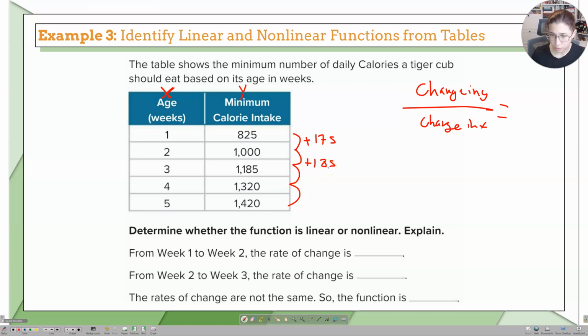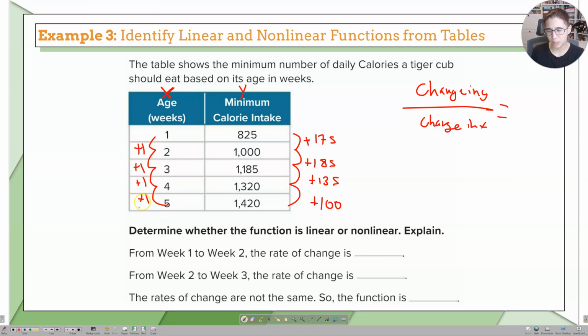And then 1,320 minus 1,185, then it turns into plus 135. Weird. And then plus 100. At 3 weeks, we really peak on the calorie intake. My goodness. And then the weeks just keep going up by 1. So that's pretty constant over here.